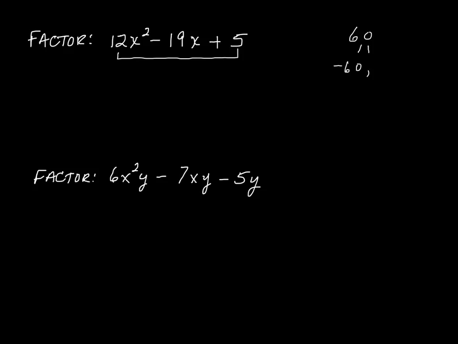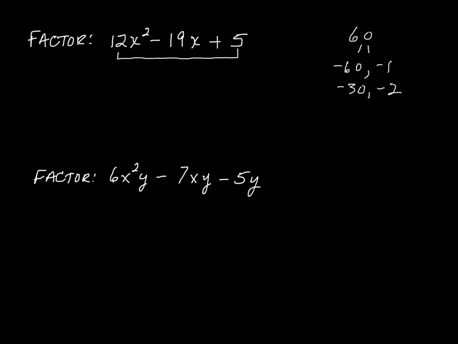What about negative 30 and negative 2? That multiplies to 60. Will that add to negative 19 though? No.